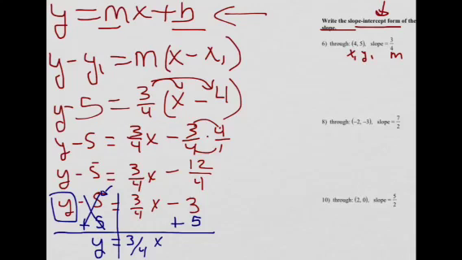Negative 3 plus 5 is a positive 2. It means we owe $3, but we have $5 in our pocket, so we still have $2 left. Notice we have our slope of 3/4 and a y-intercept of 2, and we have our y equals mx plus b, also known as slope-intercept form. So this would be y equals 3/4 x plus 2.